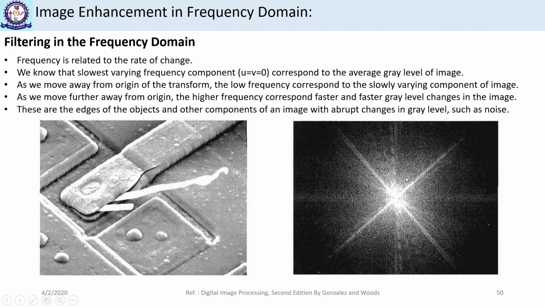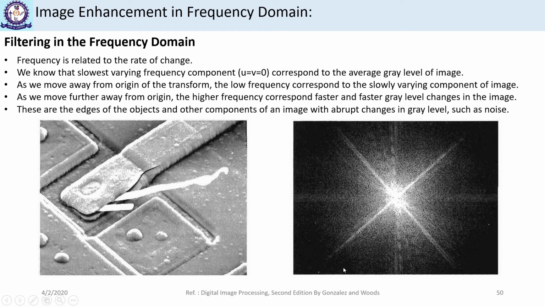These components will have lesser values of u and v, so they are known as lower frequency components. And at the boundaries of this image, they will have higher values of u and v, so they correspond to higher values of frequency.